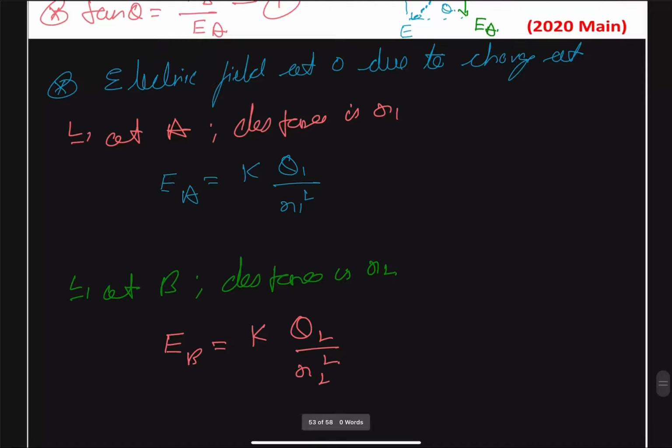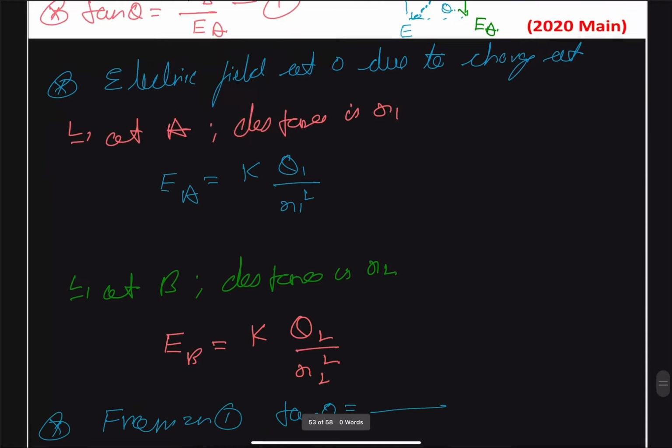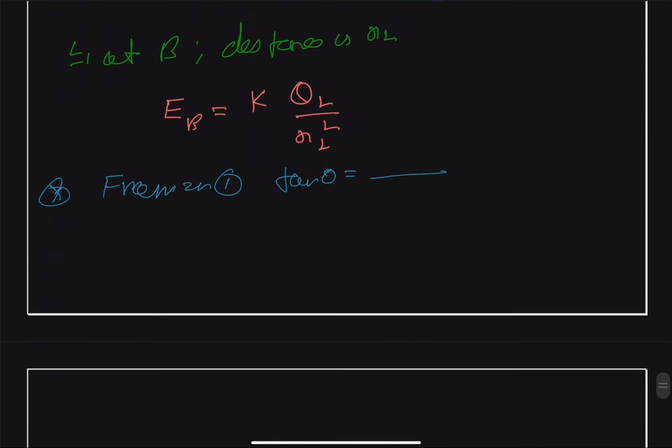Therefore from equation 1 we have our tangent of theta is EB upon EA. So we get this as K Q2 upon x2 square over K Q1 upon x1 square. Here K and K cancel out.